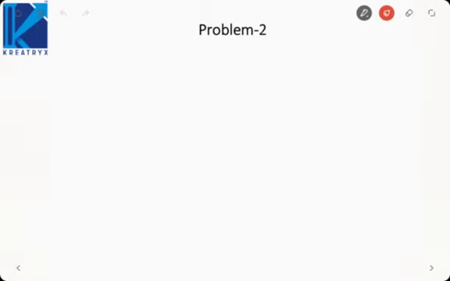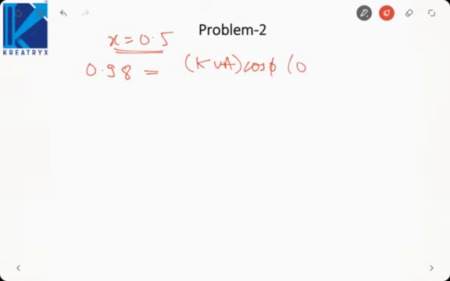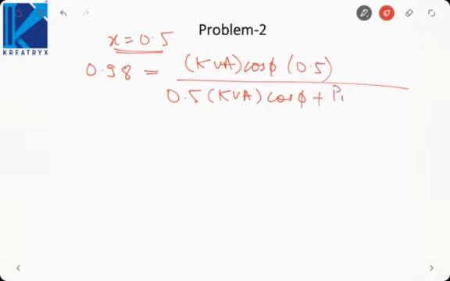Now it is given at half load x will be 0.5. Efficiency is again 98%. I am assuming that the power factor does not change. Okay, x kVA cos phi by x kVA cos phi plus Pi plus x square, which will be 0.25, PCU FL.